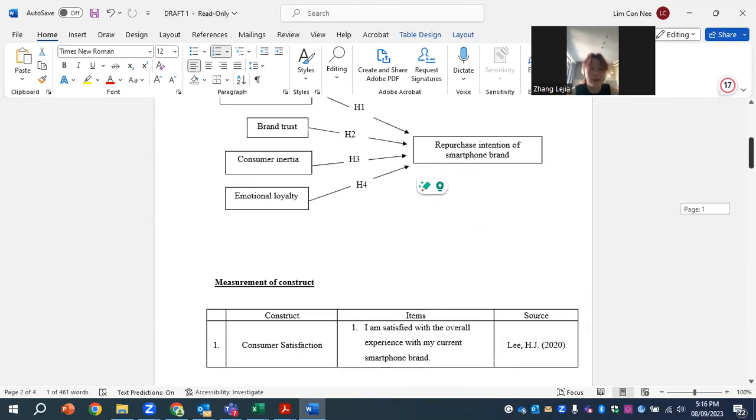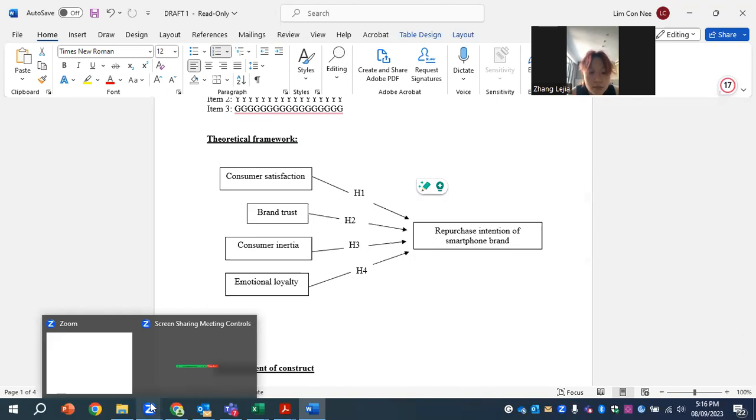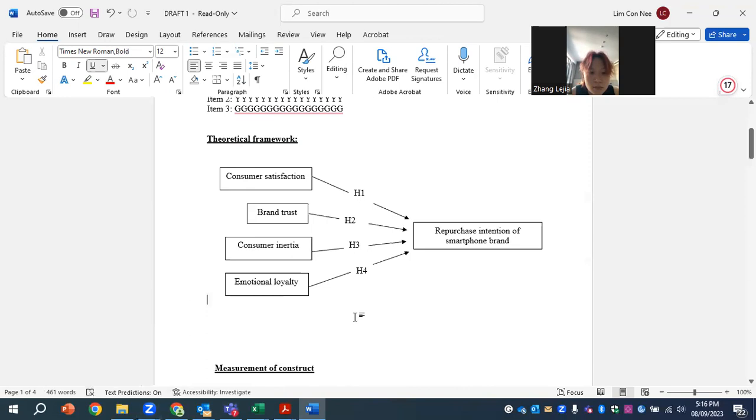Now for your construct, how do I find the construct? Actually, you also need to think and see what theories are suitable. Do you remember last time when you did your research methods, what are some of the theories that you used? It could be TPB, theory of planned behavior.